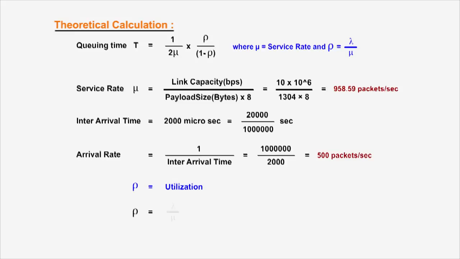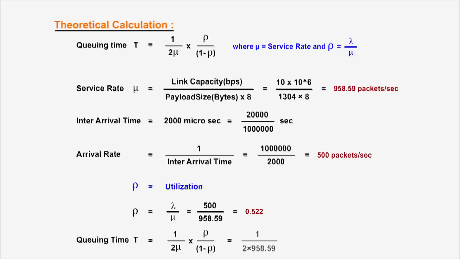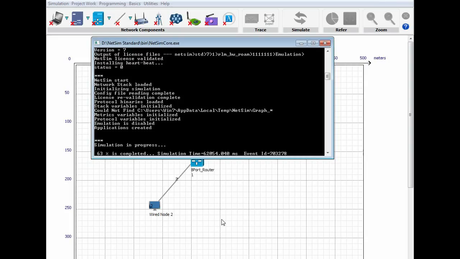Rho is the utilization, which is lambda by mu, and lambda is 500 and mu is 958.59, which gives a rho value of 0.522. Applying this in the queuing time formula, we get the total queuing time equal to 569.61 microseconds. Now let us look at the output of the simulation.